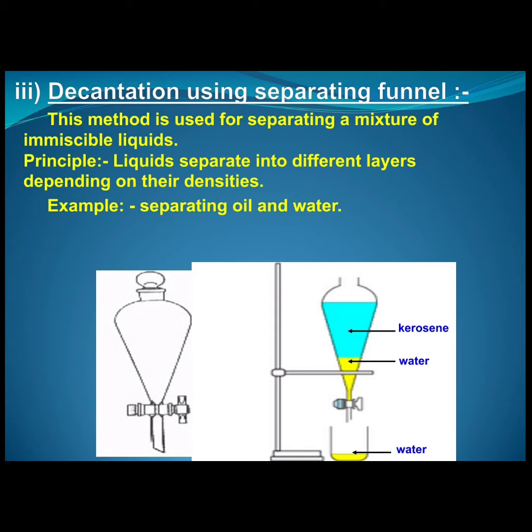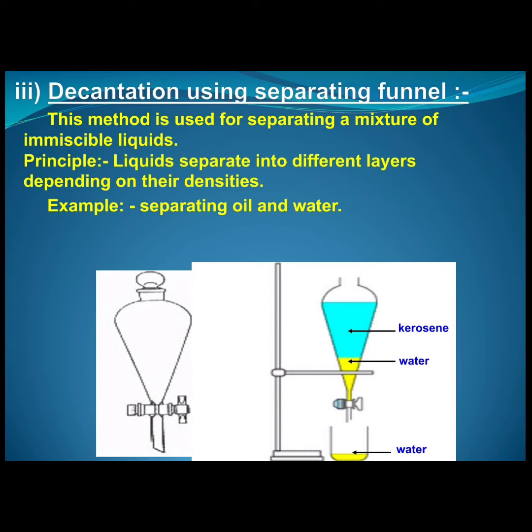So the principle behind decantation using separating funnel is to separate the liquids which can form two different layers depending on their density. The one which is denser will be at the lower end and the one which is lighter will be towards the upper end.